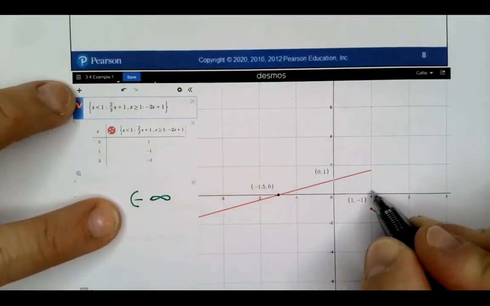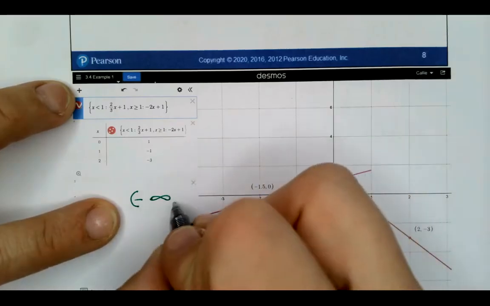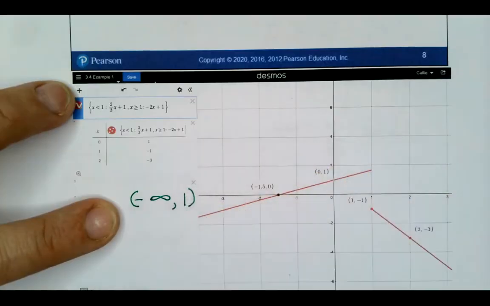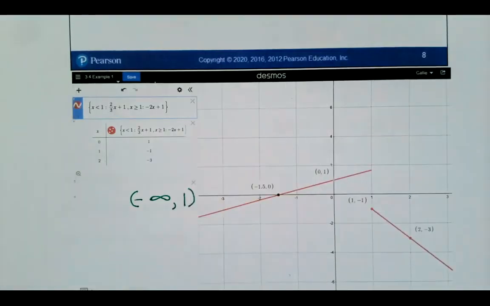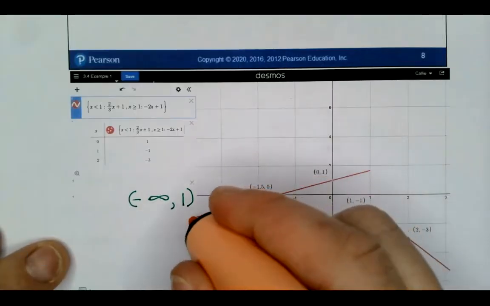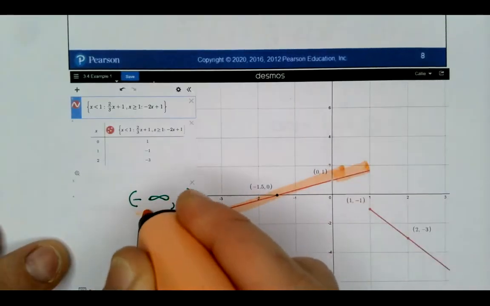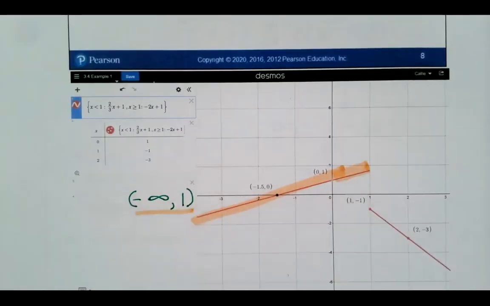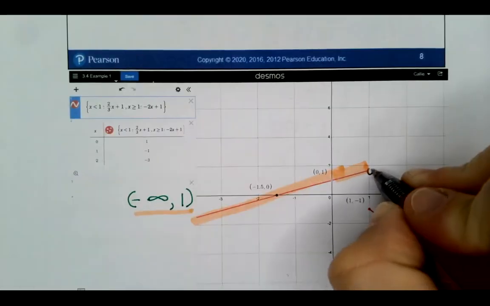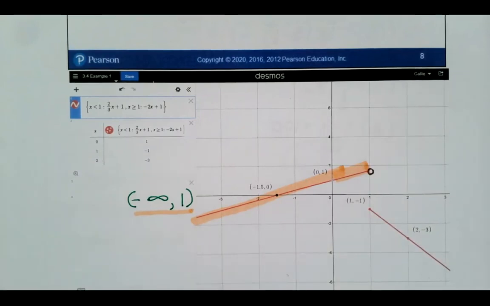So from negative infinity, right, up until 1, we're going to do this graph. We're not going to include 1, so that is not included, okay?